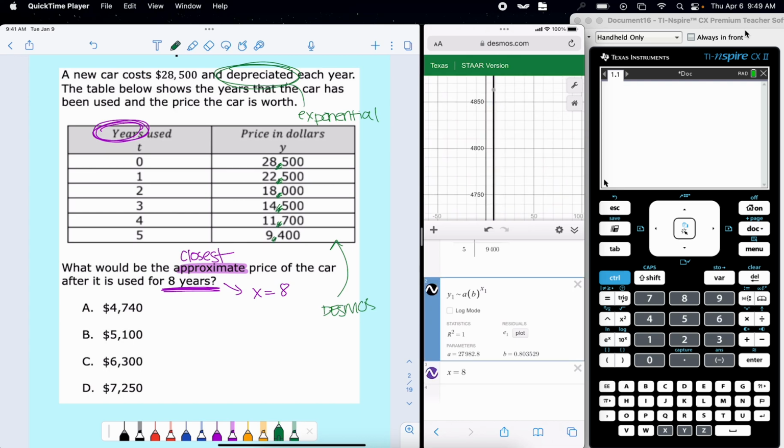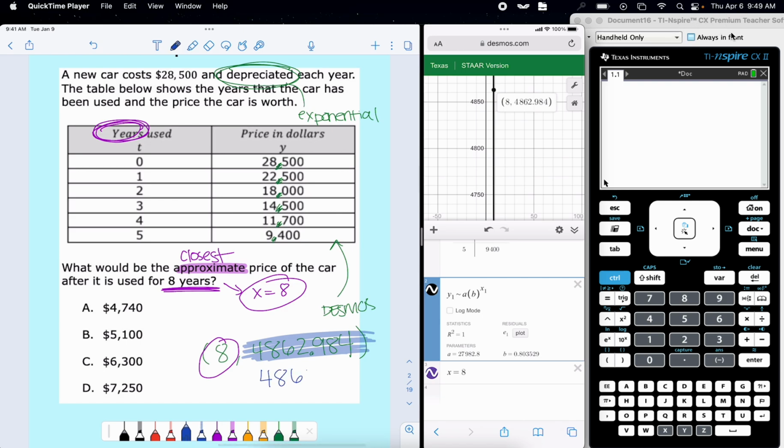Right there. See how the point kind of popped up? That's what you want. So you have 8, 4862.984. So we know x is 8, and we are looking for our y value, 4,862. Our closest answer to that is going to be A.